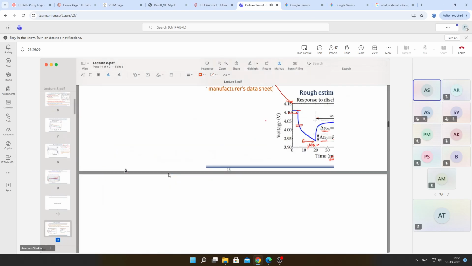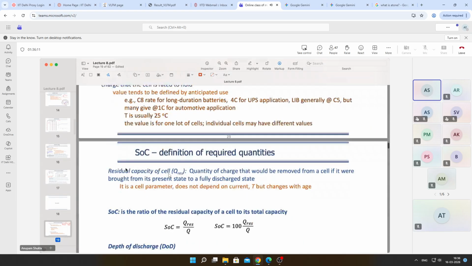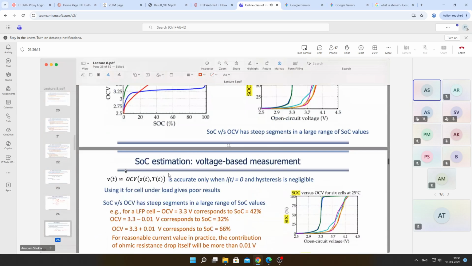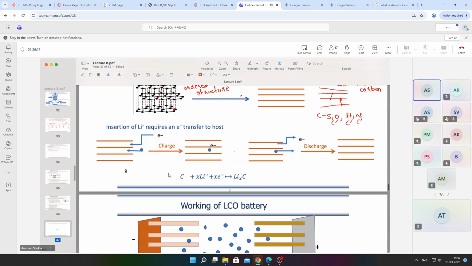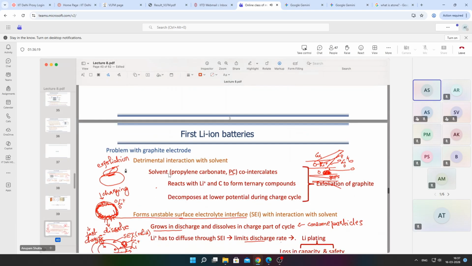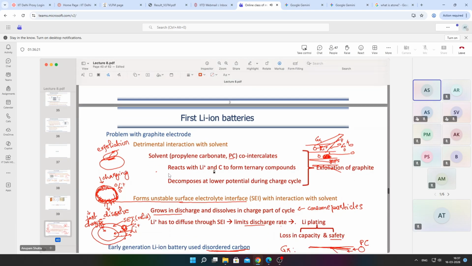When the potential goes down sufficiently, okay, when they are going inside and the potential is going down, not by a very large amount, but some amount, these ternary compounds are formed. And when you continue to charge the cell, the negative electrode potential continues to go down.